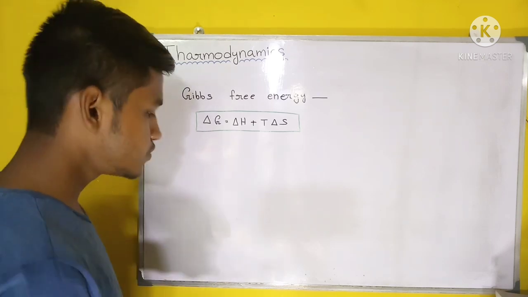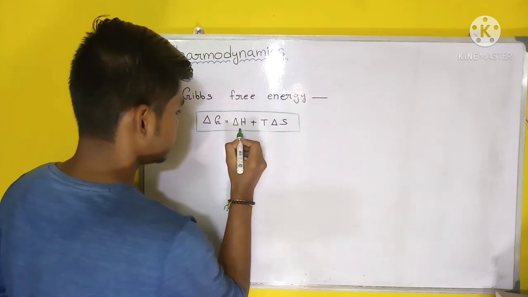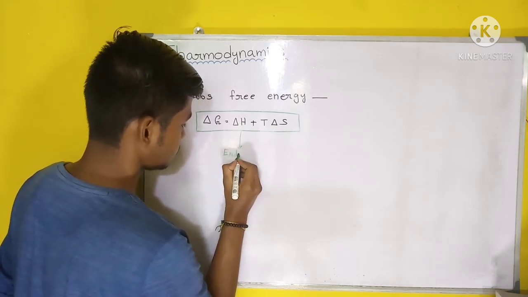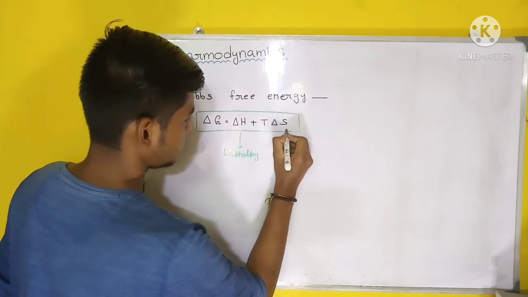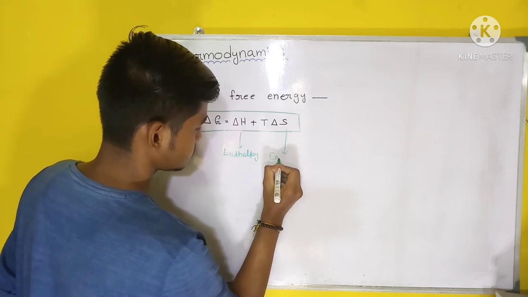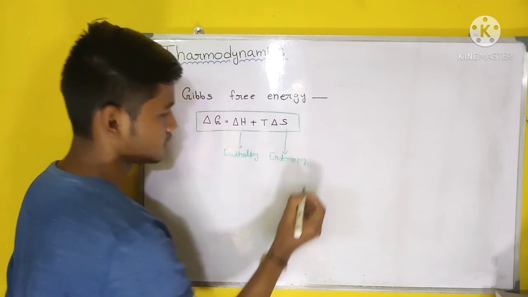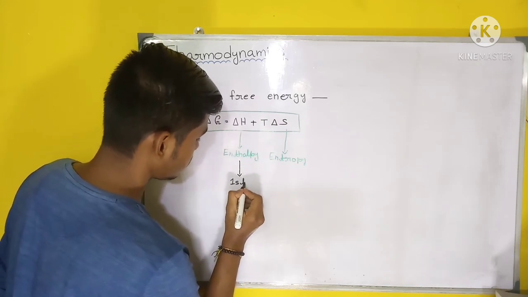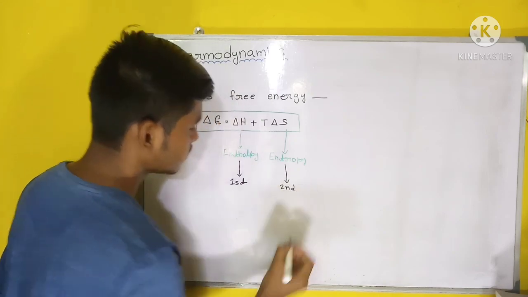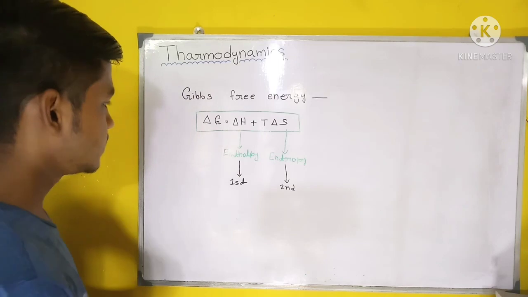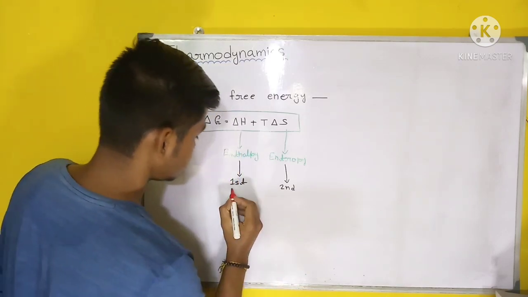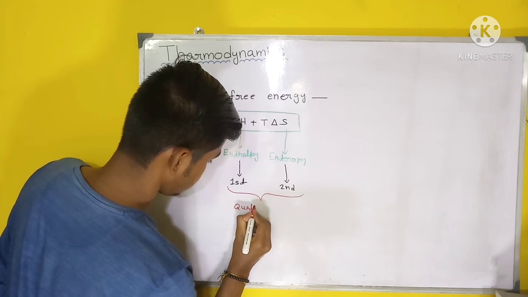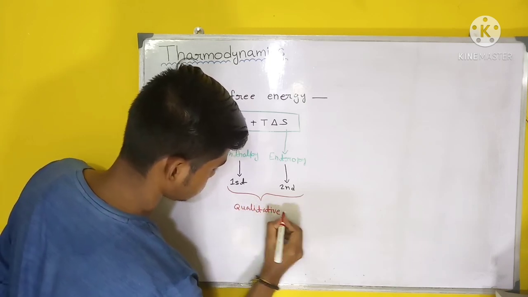So basically, if you look at this equation, you can see that this H came from enthalpy, S came from entropy, and enthalpy came from the first law, entropy came from the second law, and this entropy and enthalpy in this Gibbs free energy is a qualitative relationship.